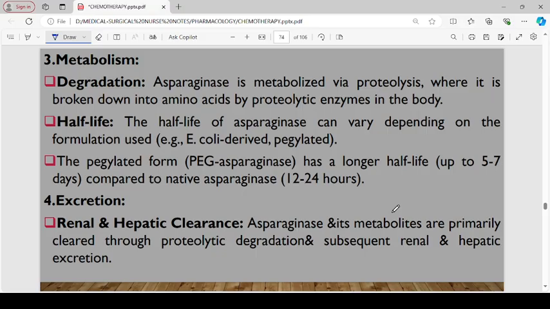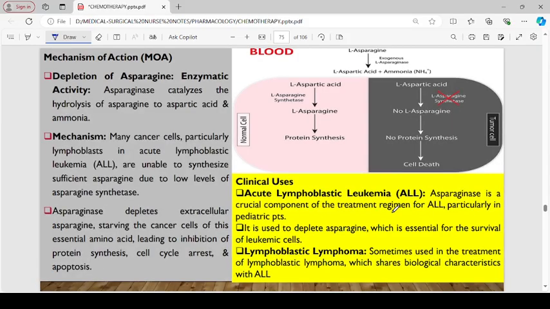The half-life can vary depending on the formulation used, e.g. E. coli derived or pegylated. The pegylated form has a longer half-life, up to 5 to 7 days, compared to the native asparaginase, whose half-life is about 12 to 24 hours. Asparaginase and its metabolites are primarily cleared through proteolytic degradation and subsequent renal and hepatic excretion.